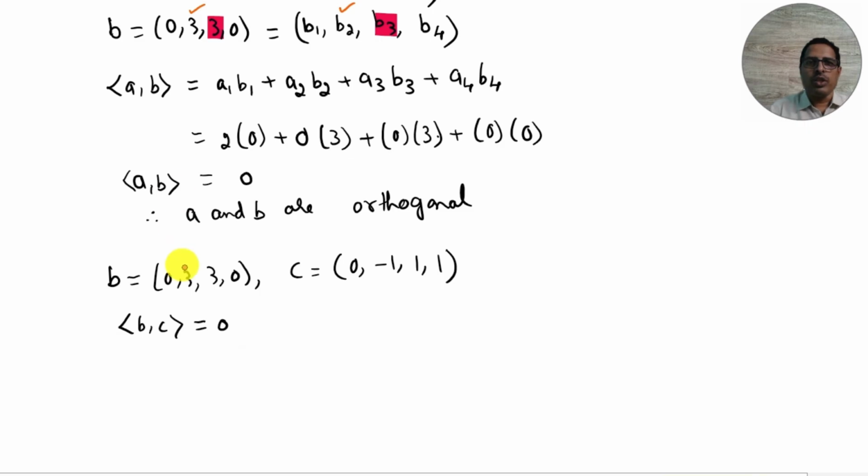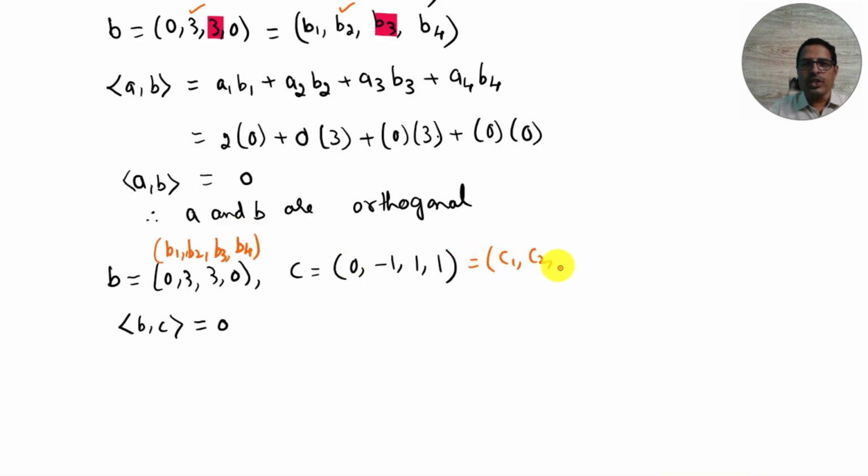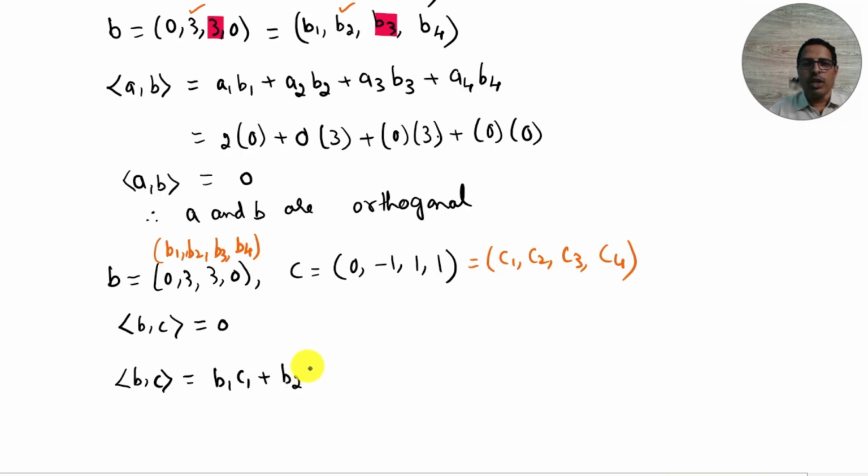This corresponds to B1, B2, B3 and B4, and this corresponds to C1, C2, C3 and C4. The inner product of BC can be written as B1 C1 plus B2 C2 plus B3 C3 plus B4 C4.